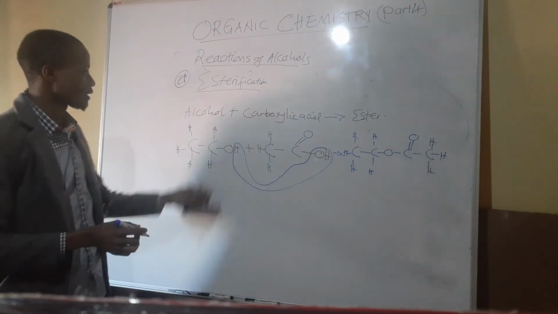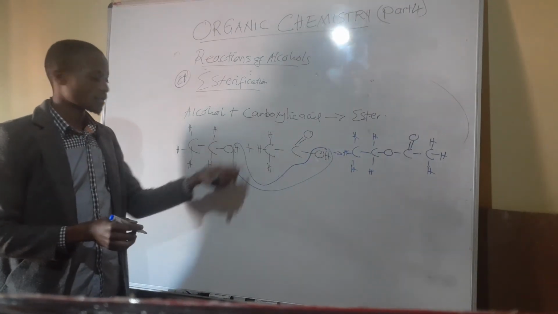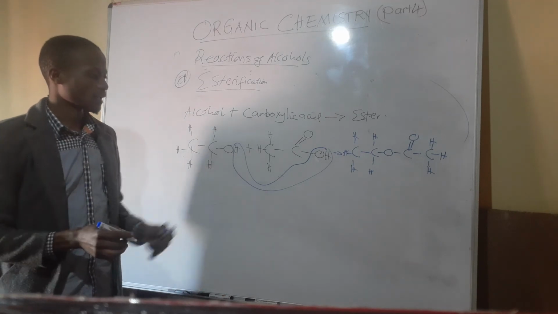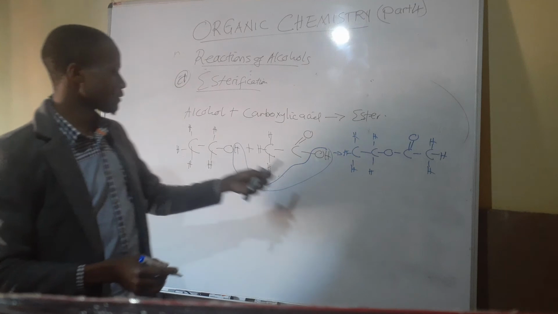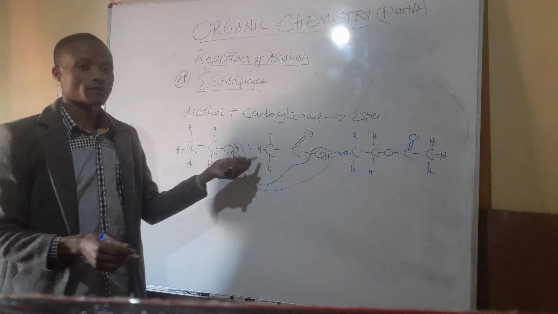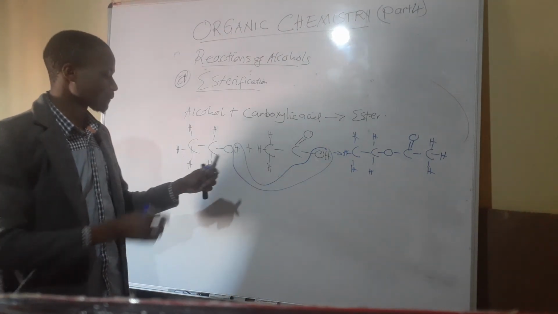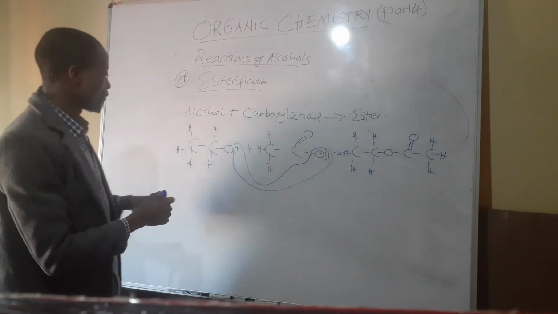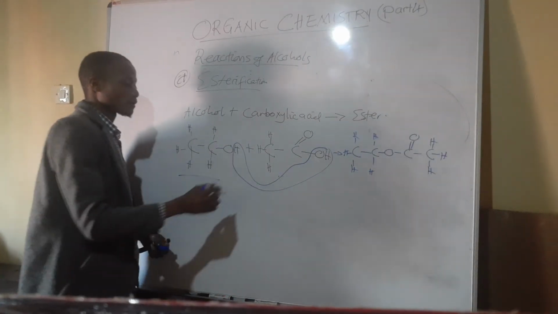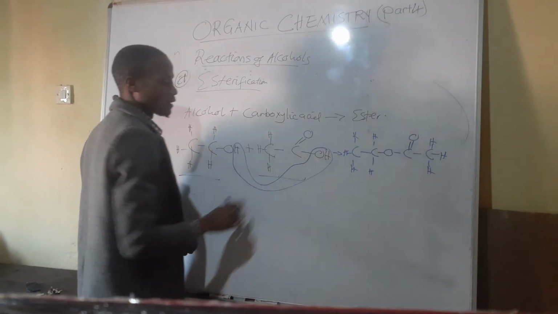Esterification is a process where an alcohol reacts with a carboxylic acid to produce an ester. The name of these esters depends on the alcohol used and the carboxylic acid. The first part of the ester is the name of the alcohol, then the second part is the name of the acid.